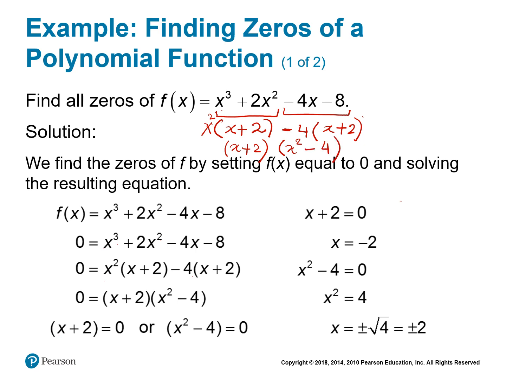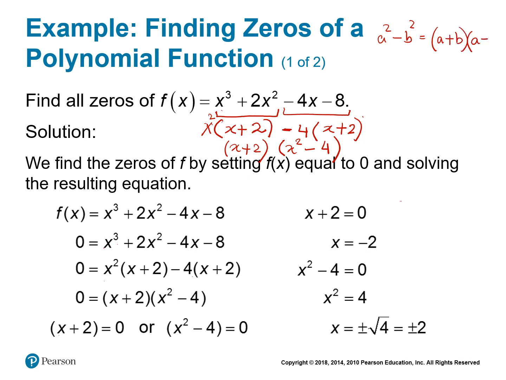However, we see that x squared minus 4 can be factored further, right? x squared minus 4 is in the form a squared minus b squared. That's a special factoring that was taught to us in a previous algebra course. A squared minus b squared equals a plus b times a minus b.